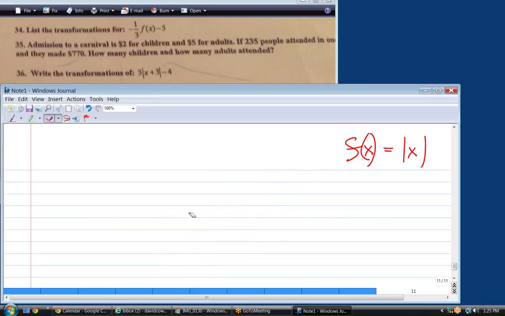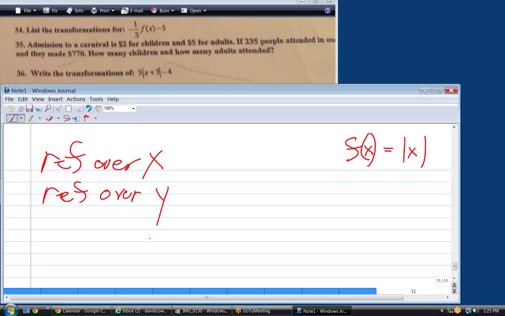There are 6 ways to transform a function. Let's list them. How many, David? 6? Okay. There is reflection over x. There is reflection over y. And each one of these has a way of defining it using the f of x terminology.